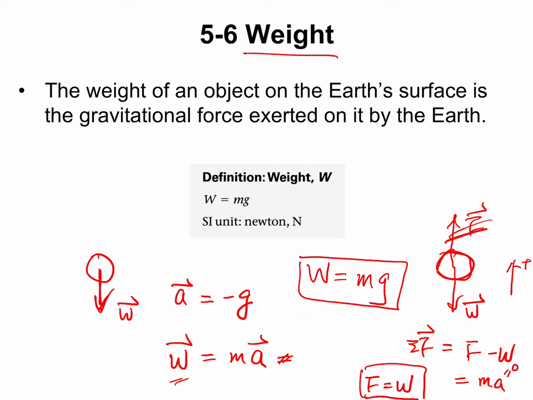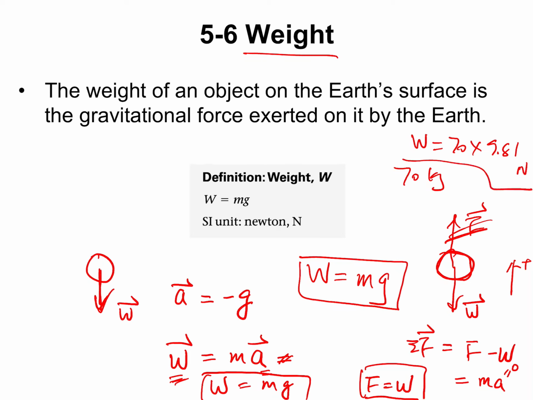And what is the magnitude of the weight? The magnitude of the weight is equal to m times the magnitude of a, which is g. That is your weight. So if your mass is 70 kg, what is the weight? The weight is 70 times 9.81 Newtons.